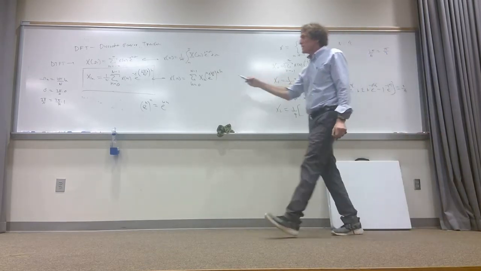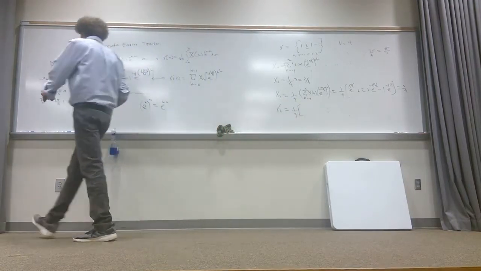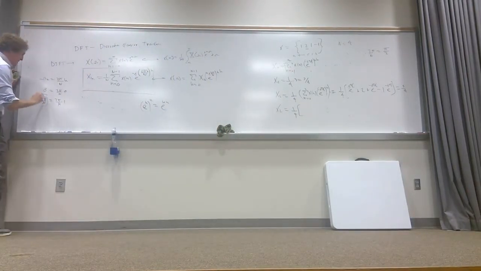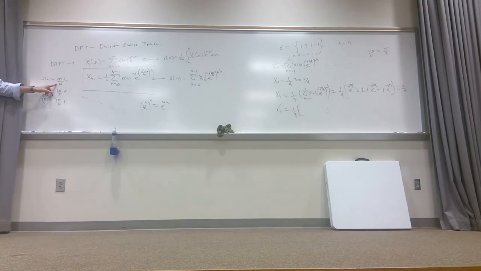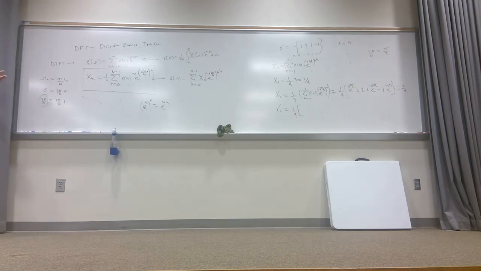When you have the frequency index right here, you have 2 pi n, right? That's the delta omega, right? When it's multiplied by k, that's like incrementing in frequency. K equals 0 is DC. K equals 1 is the lowest frequency, which would be 2 pi over n, or pi over 2, right? K equals 2. It's just like, instead of having a continuum of omega, we have discrete values of omega.